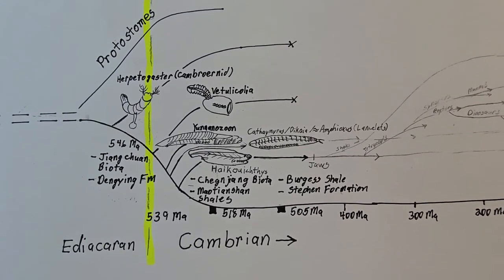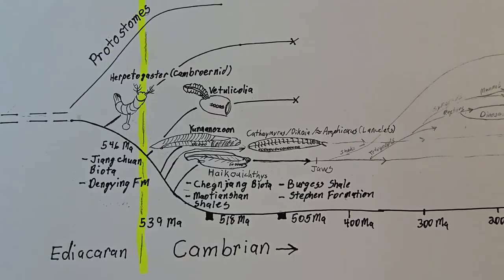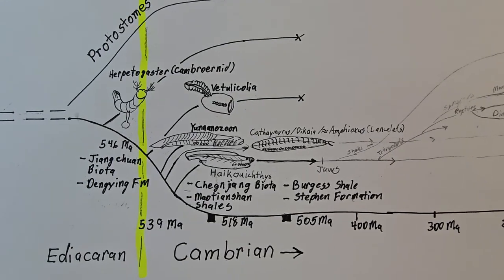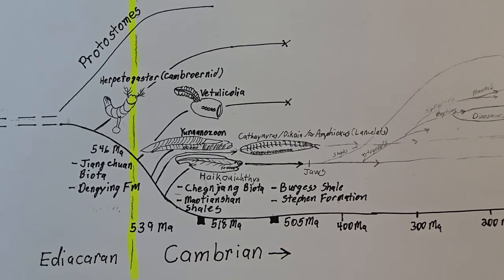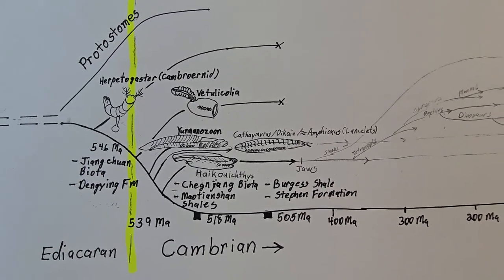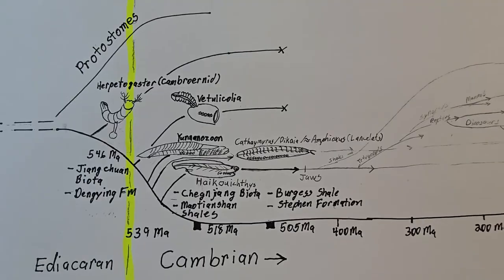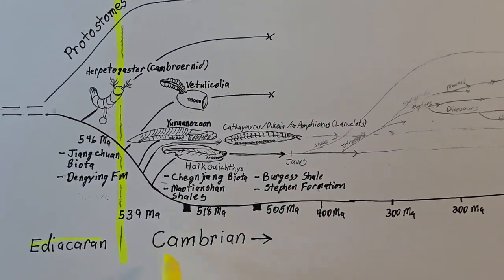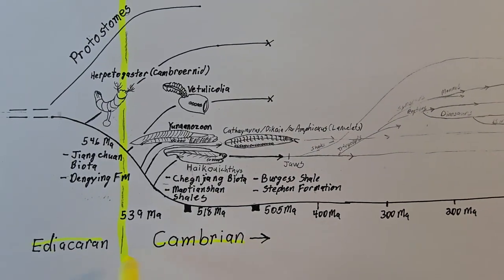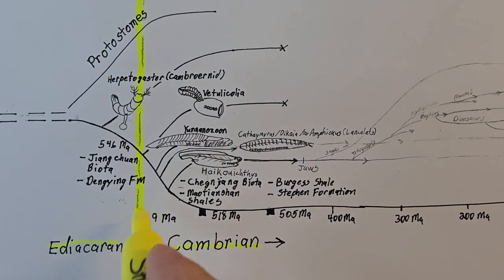And then as we came out of that, we had major radiation, and we quickly converged on the modern day body plans, including things like vertebrates. Just to step back a bit, the Ediacaran is the time before, and then the Cambrian explosion happened at this line.